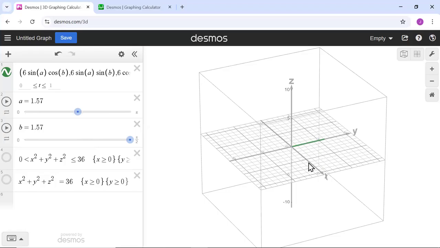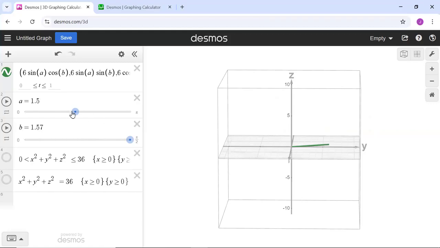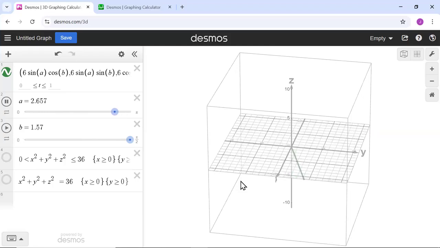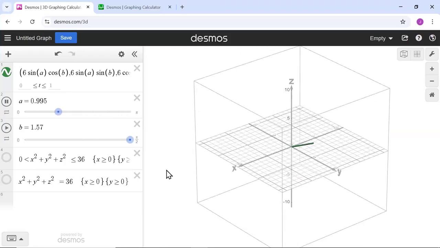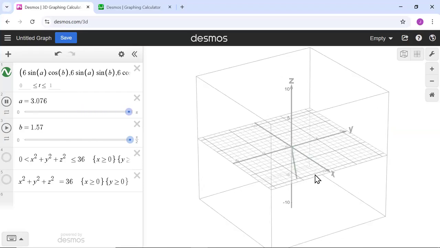So that section, and then allowing my phi to go from 0 all the way to pi takes that entire slice. So we're looking at this slice here as we go from 0 to pi.